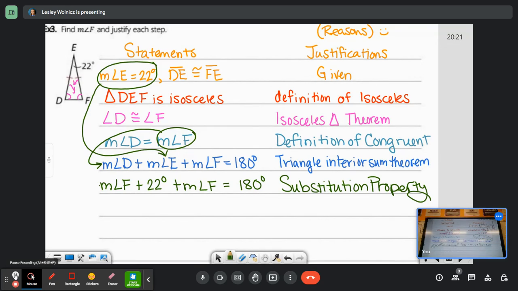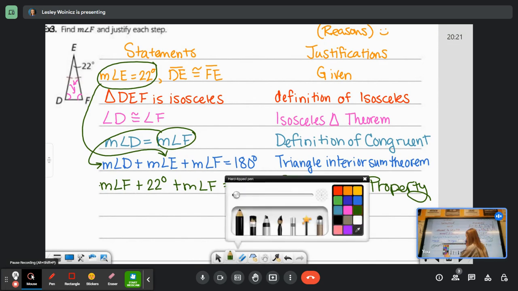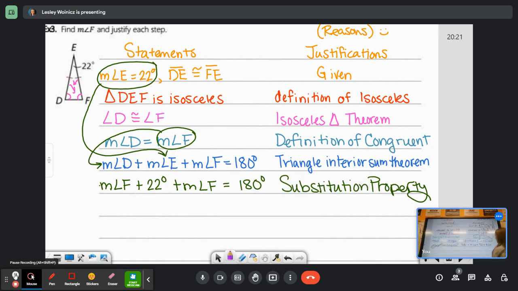Okay. Now let's subtract away the 22 degrees from both sides. So I have the measure of angle F plus the measure of angle F equals, what's 180 minus 22? 180 minus 20 is 160, minus 2 more is 158 degrees.